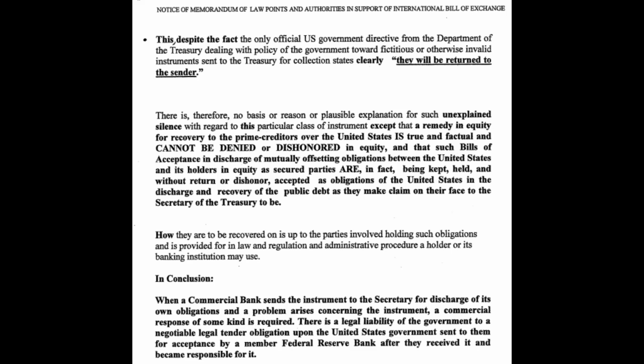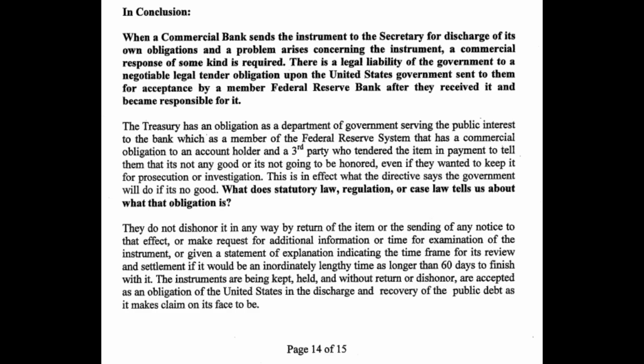That makes them a holder in due course, which means that they do have to take action, or else they're going to be personally liable for that. Personally liable for that. So it wouldn't even come out of your account after that, after they held it and did nothing with it. That is going to have to come out of their pocket. And if you want to be a dick, you could charge them times 10 on the actual instrument amount, just for being assholes.